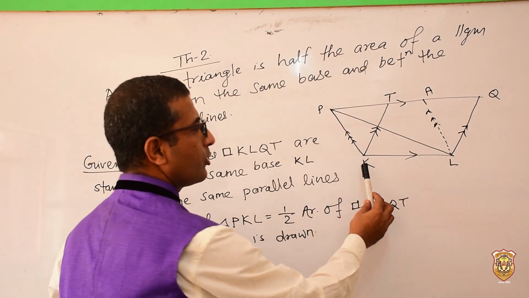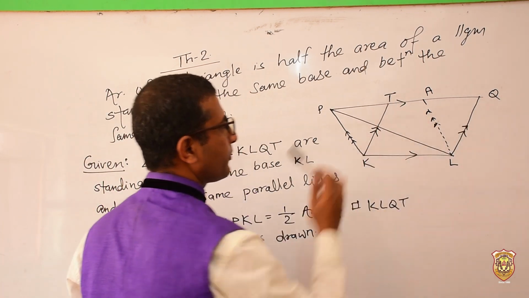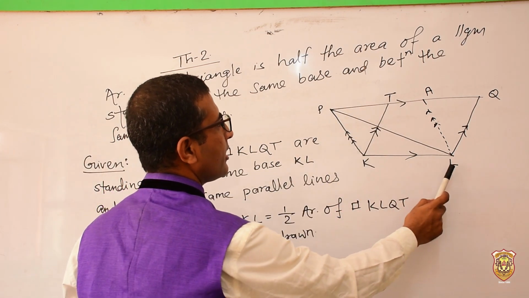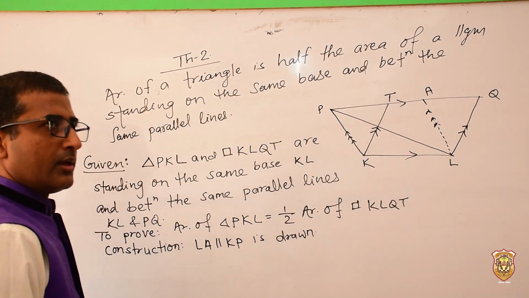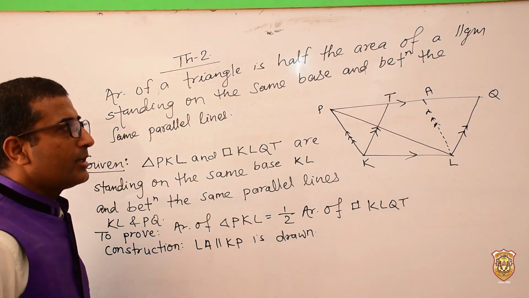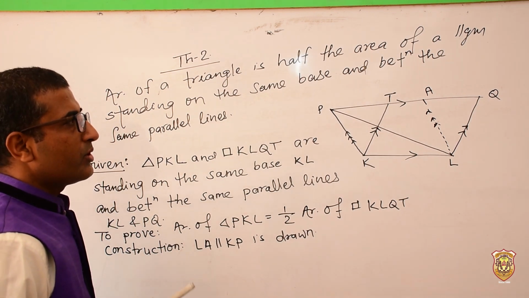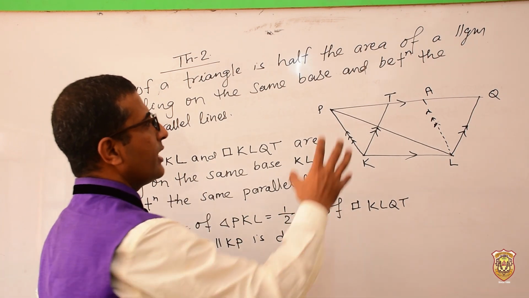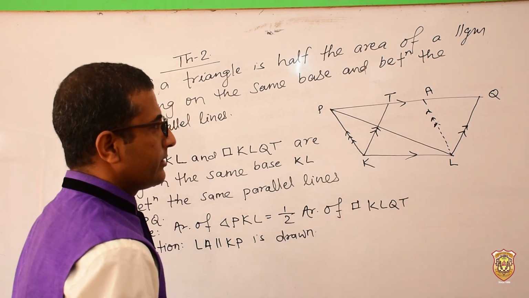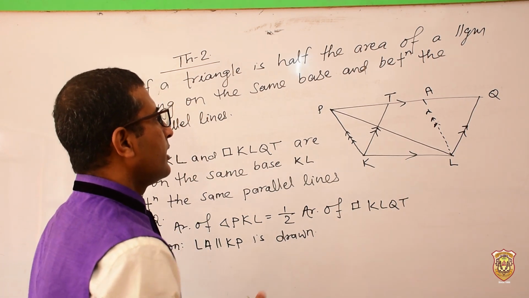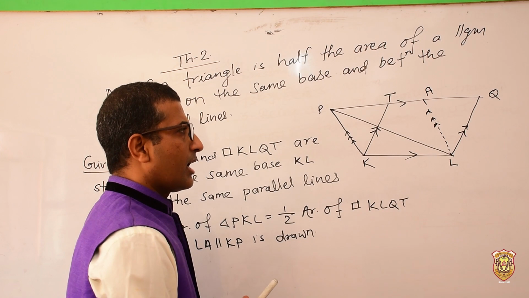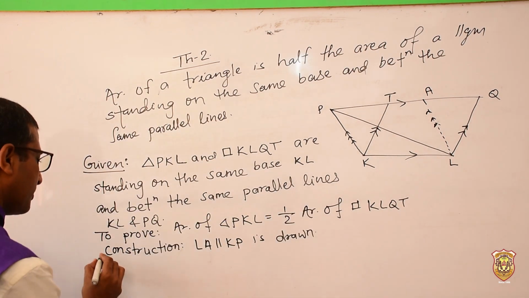We already have one parallelogram, KLQT, and after the construction we have completed another parallelogram, KLAP. In the previous theorem we learned that the areas of parallelograms standing on the same base and between the same parallel lines are equal. So the areas of these two parallelograms are equal. And one property of a parallelogram is that each diagonal bisects the parallelogram into two equal areas. Using that we can complete this theorem.